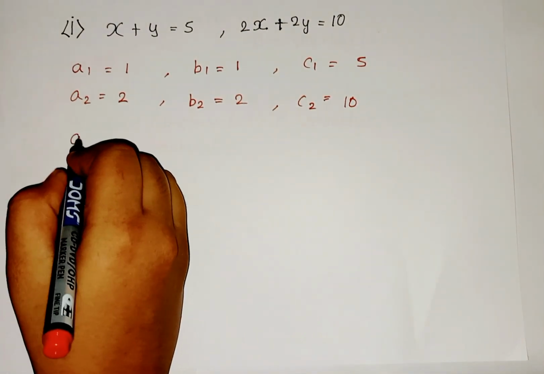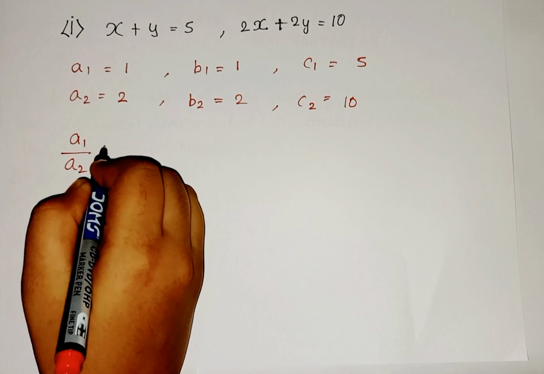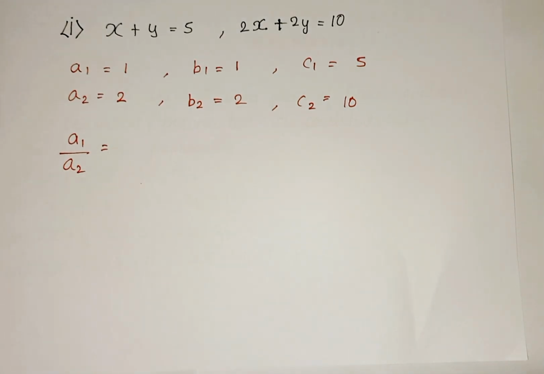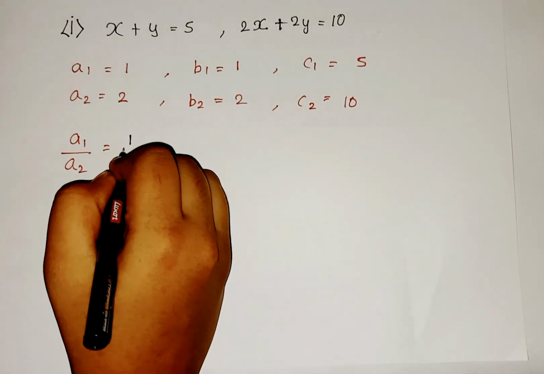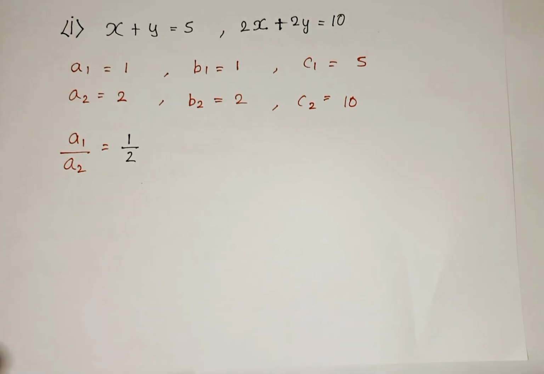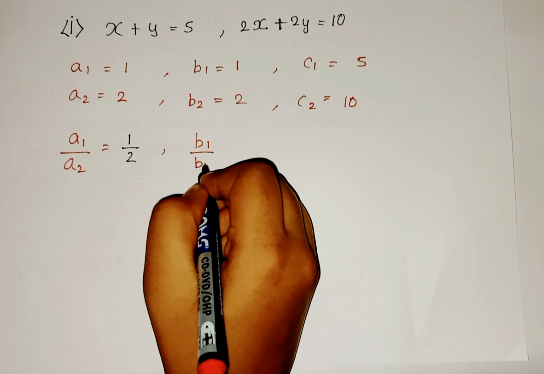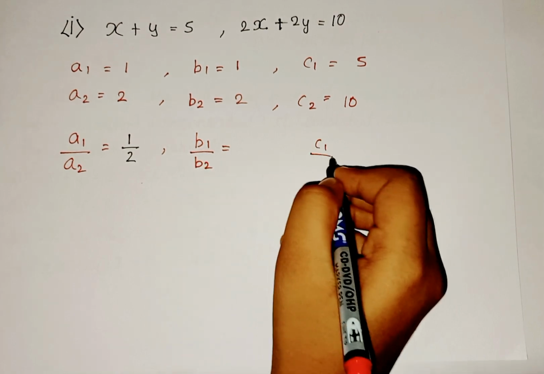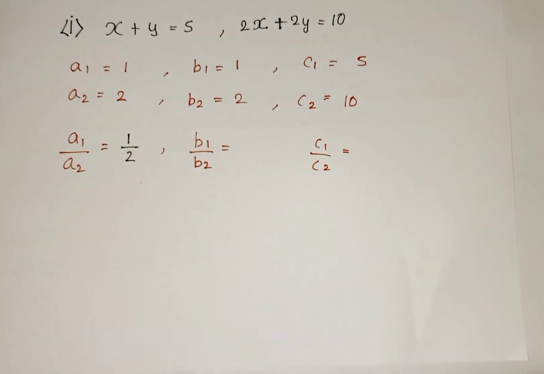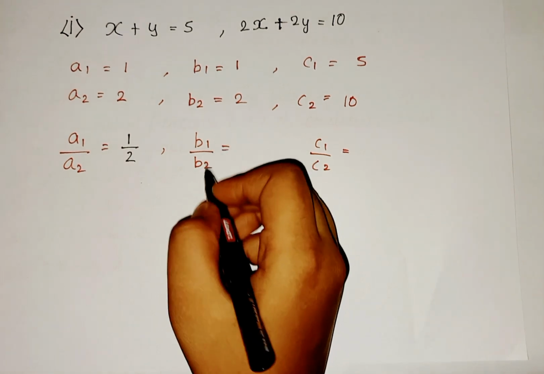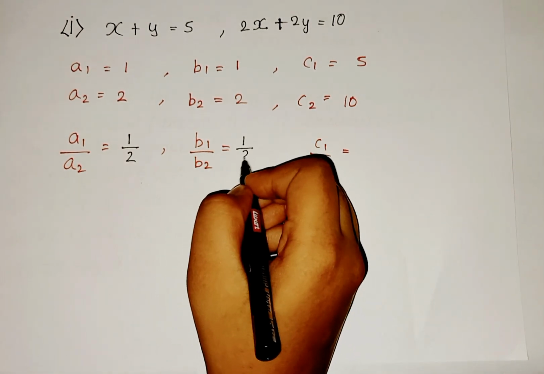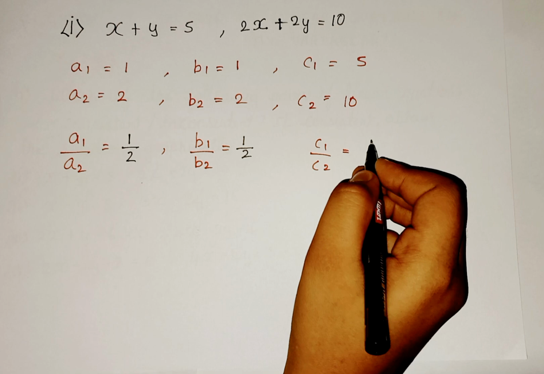Now A1 by A2 is 1 by 2, isn't it? And B1 by B2 is 1 by 2, and C1 by C2 is 5 by 10.